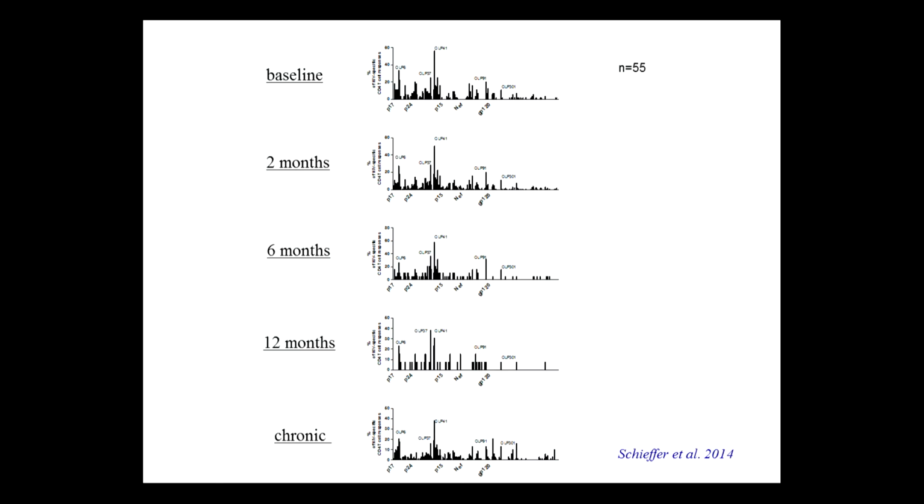Now, I showed you earlier that we see the pattern of targeting not only in the chronic phase of the infection, but also at peak viremia. So at peak viremia, we already know which patient is going to make a lot of GAG and which patient has a lot of envelope responses.